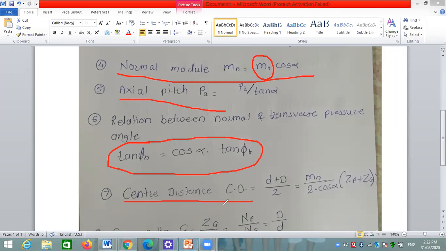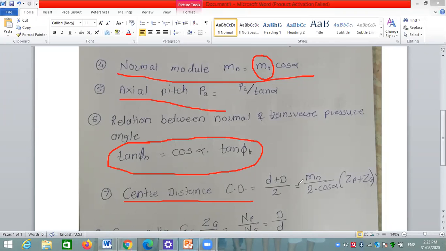Center distance, or distance between the two centers of the gear, is small d plus capital D by 2, where small d is the pitch circle diameter of the pinion, and capital D is the pitch circle diameter of the gear.